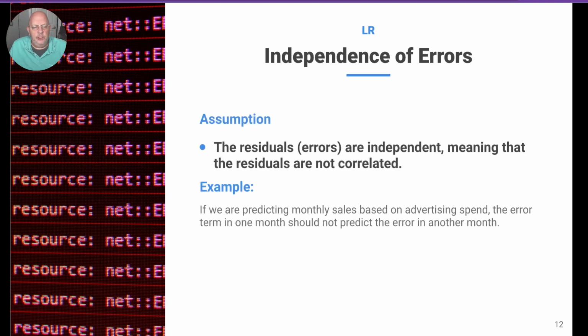Independence. So residual, when you hear the word residual, the residual is the error. It's the difference between predicted and observed. If we're predicting monthly sales based on the advertising we spend, the error from one month should not predict the error in another month.